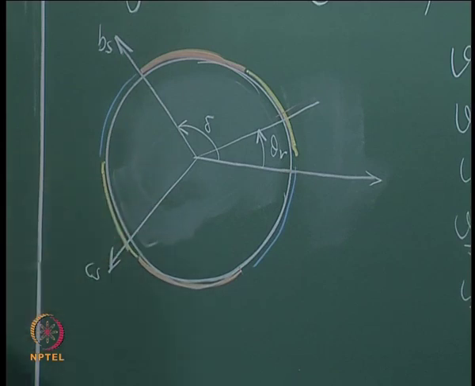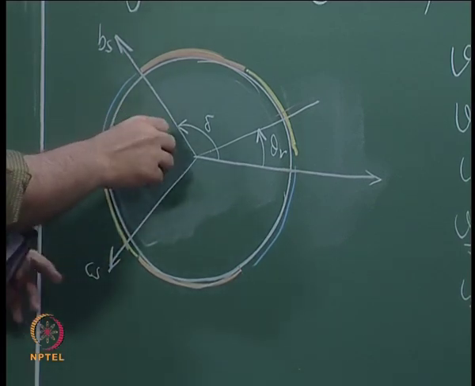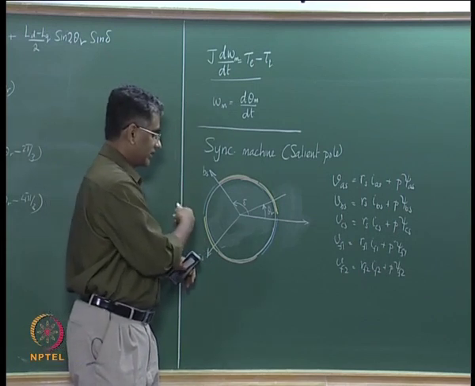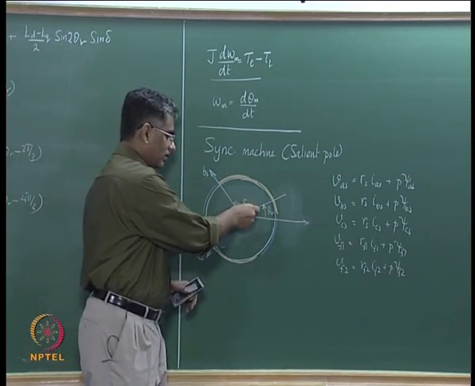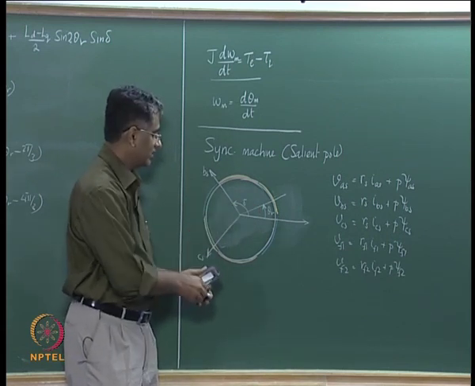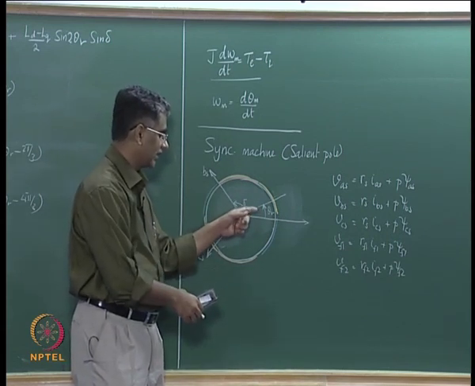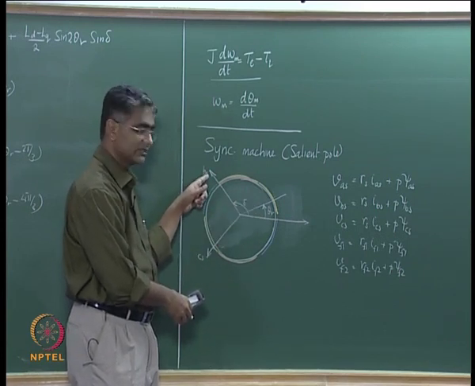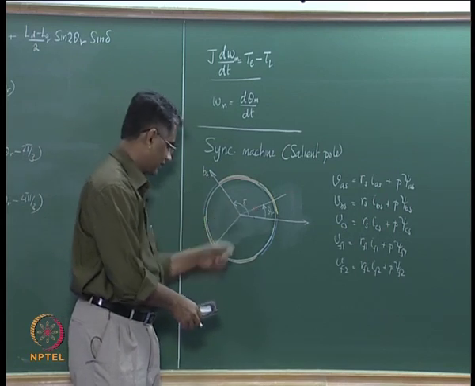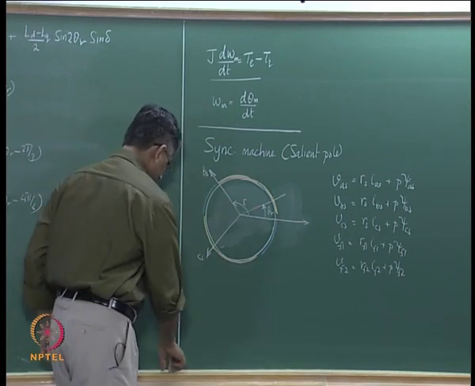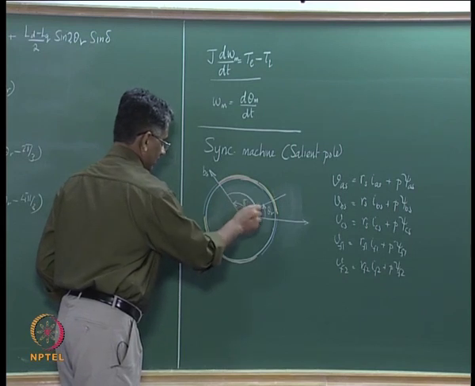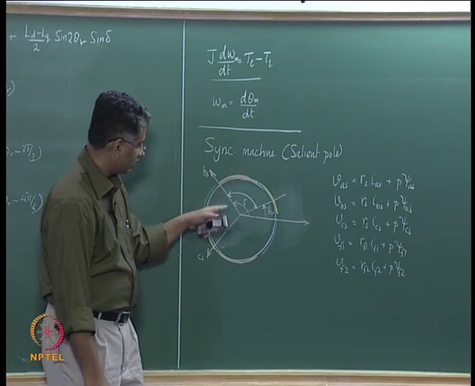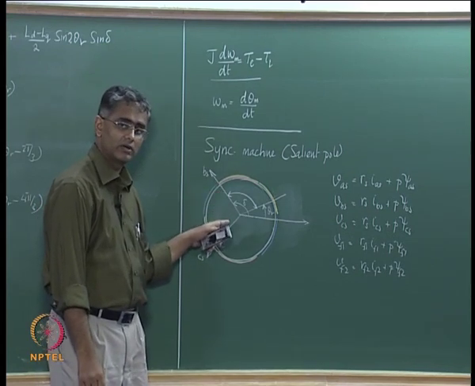Now that would mean that if you want to use the same expressions we have derived, those expressions stipulated that the rotor angle considered is the angle made between the axis of the first coil and that of the rotor. Now the first coil is BS and the rotor is sitting here, and therefore the angle we need to consider is now this angle, and the separation between the two axes is still the same delta, 120 degrees.